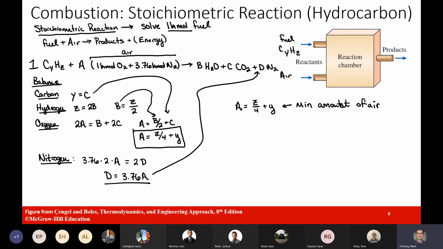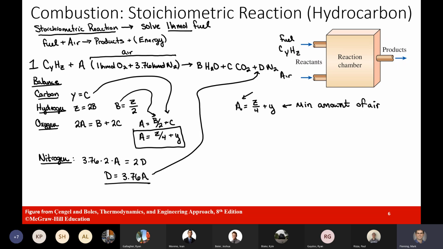If we had any less air than this value, so if A ended up being less than what this calculated number is, we would not have enough air for complete combustion. And so this is, I want to say, the pure stoichiometric balance. It's good. We'll have perfect combustion in terms of our analysis. But again, it's really close to basically setting ourselves up to waste some fuel.